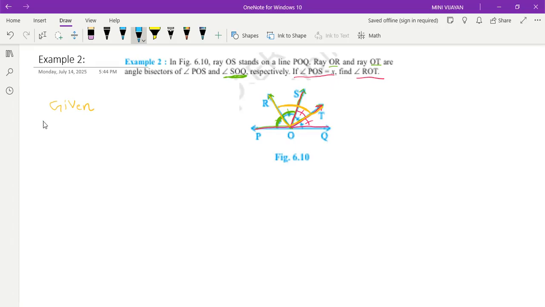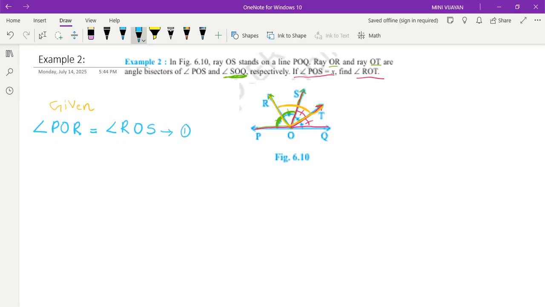So from that I can write angle POR, which is equal to angle ROS. Can you see that? Angle POR equals angle ROS. This is condition 1, the first condition.